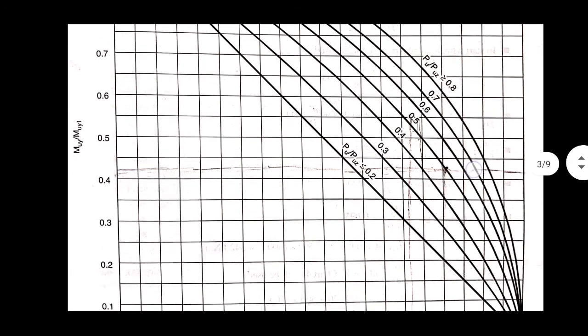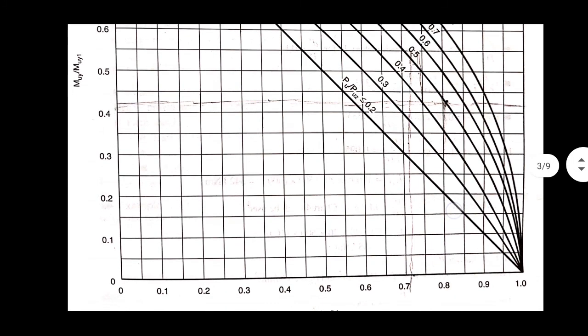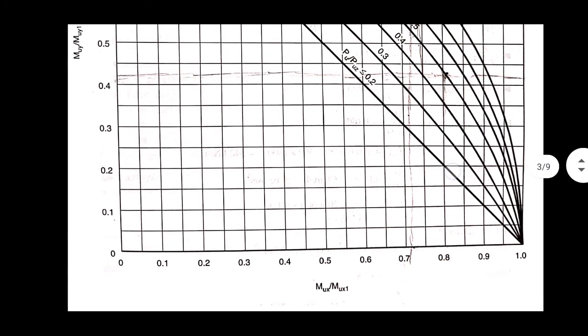So we have to draw a straight line through this. It is almost 0.8. So we can take the value of Mux by Mux1 as 0.8.